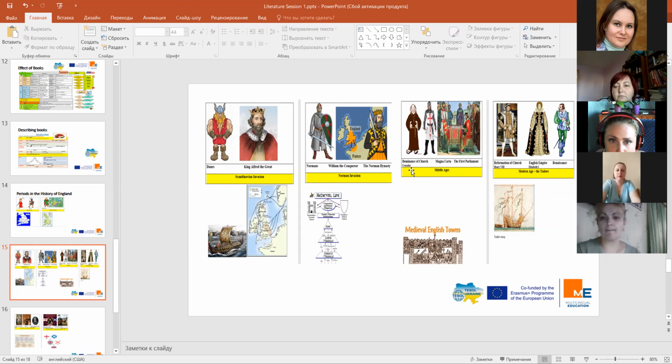So English became again the language of the government and the state language, but obviously English was greatly changed because there were so many elements of the French language, and this French dominance lasted for nearly 500 years.